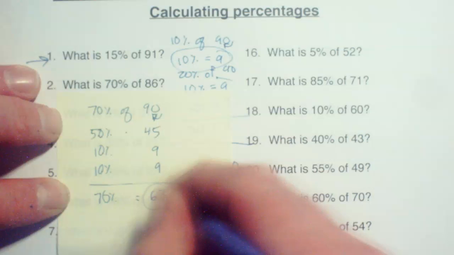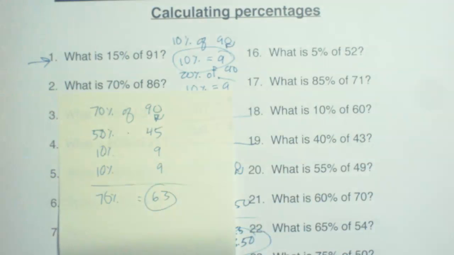There's our estimate, 63. Now, I know I'm writing this down, but we're trying to teach you to stack landmark percentages so that you can do it mentally. On the test, you will be required to show the work just as I've showed you here.